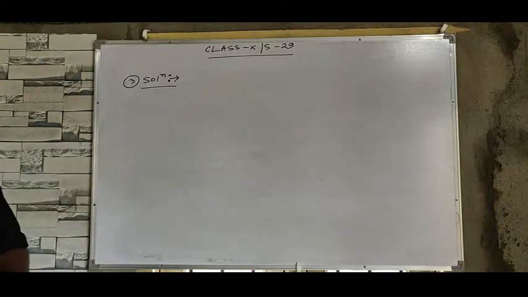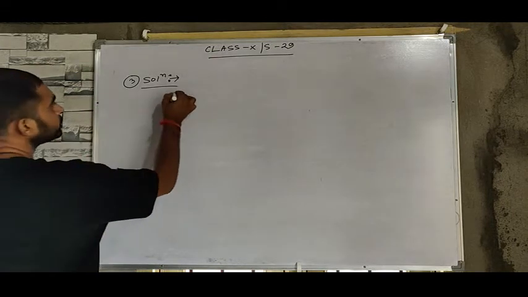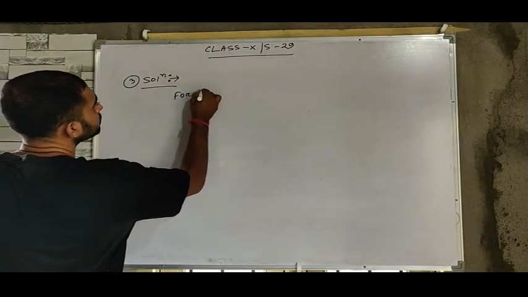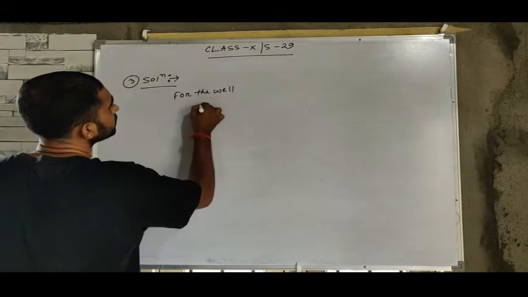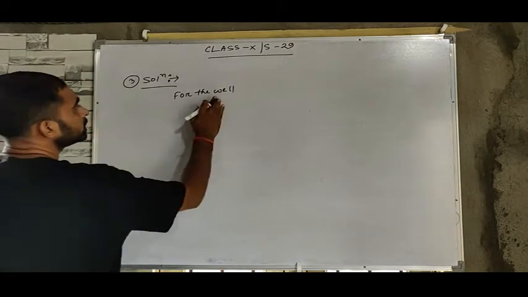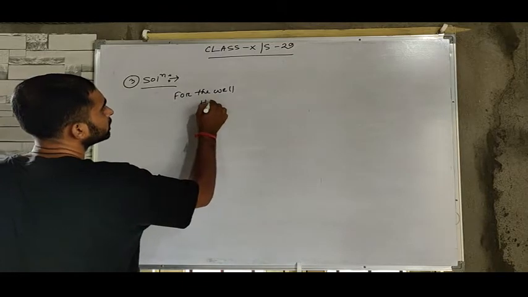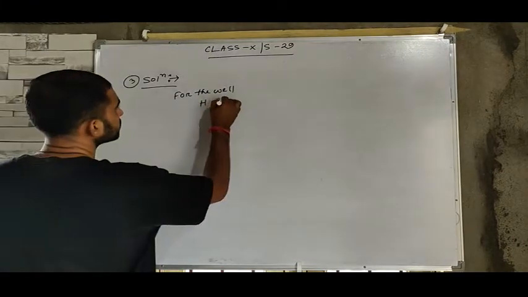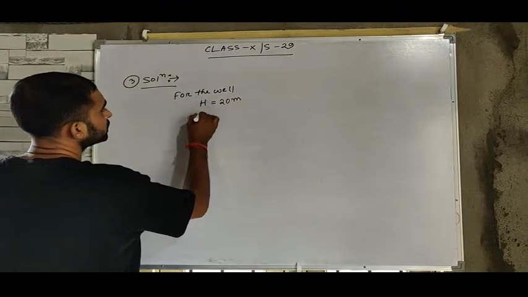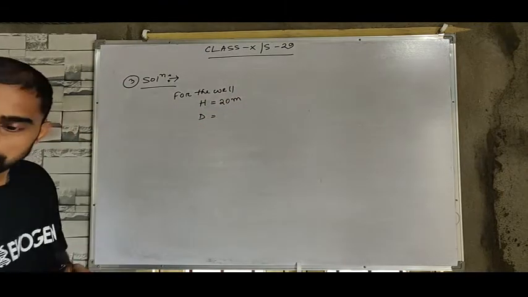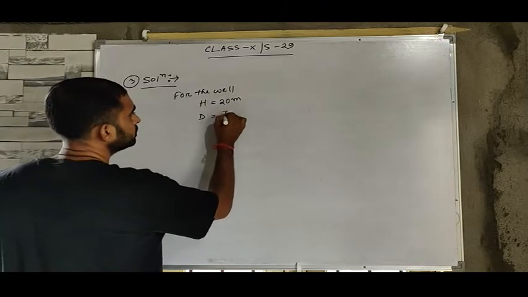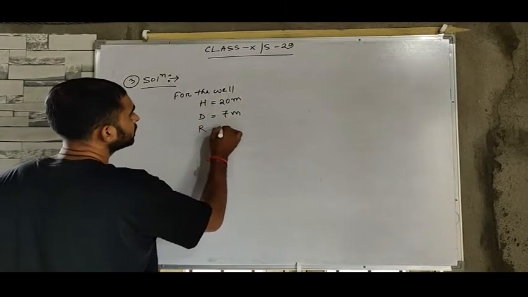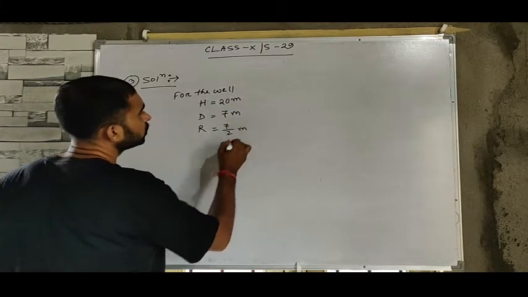So here for the well, suppose height h equals how much? h equals 20 meter. Diameter equals 7 meter, so radius equals 7 by 2 meter.